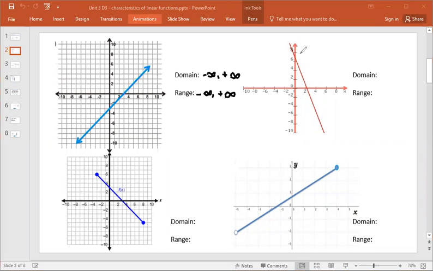In the second one, this is also a line that continues forever because it does not have any dots. So here we can see once again our domain, negative infinity to positive infinity, range negative infinity to positive infinity.